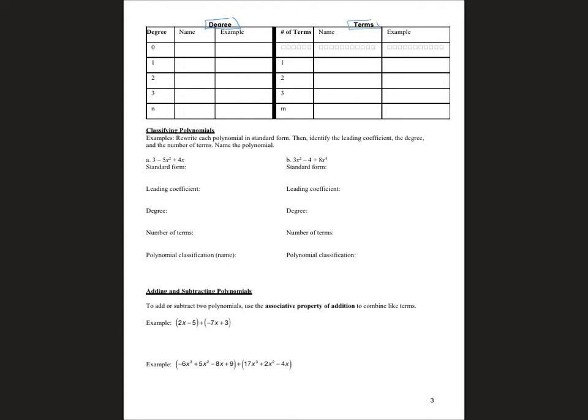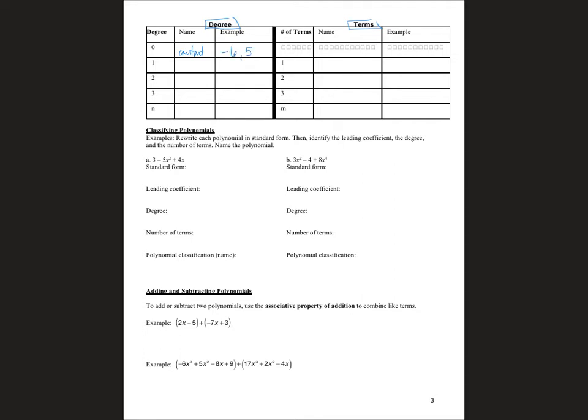Let's talk about the proper language that we would use for the differing degrees and the differing number of terms. So if I have a degree 0 term, I'm dealing with a constant. It's just a number.